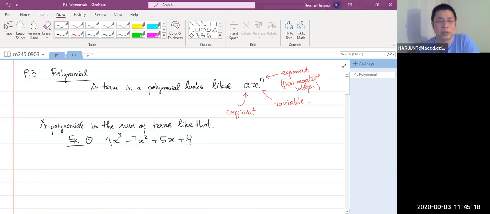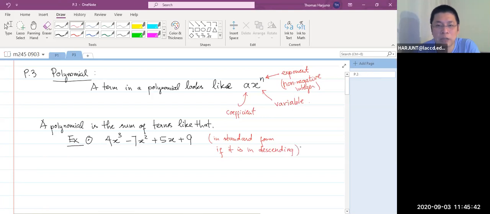In fact, we say a polynomial is in standard form if it is in descending order. Means the exponent starts from the highest exponent to the lowest exponent.